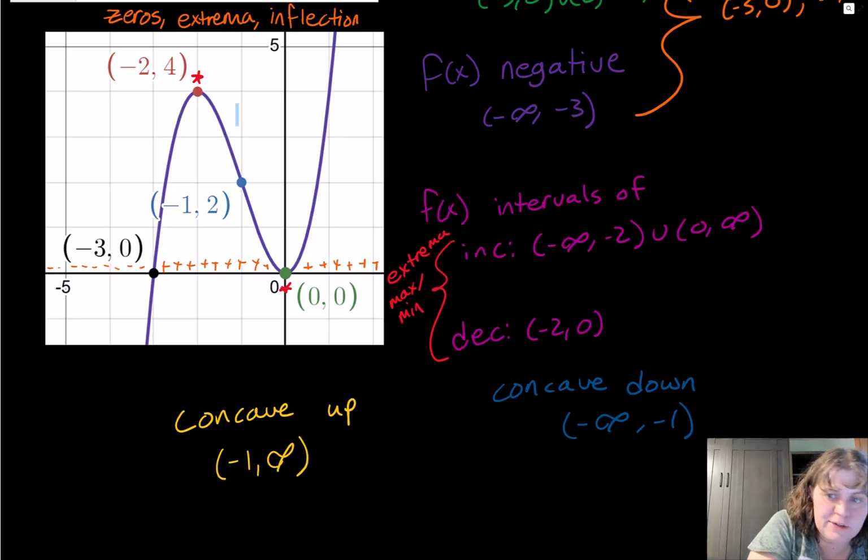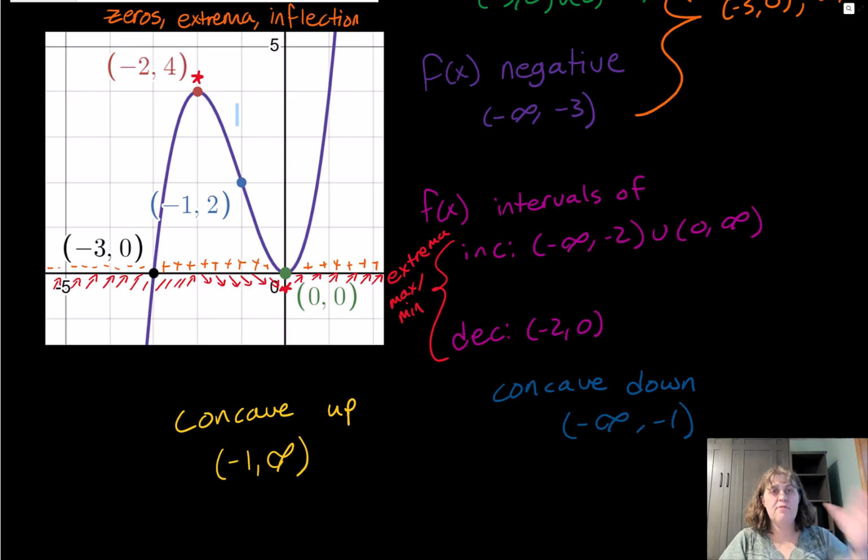Right through here, my function is increasing, going up, up, up, until here. And now I'm switching to decreasing until I get to this extrema, and then I switch back over to increasing. So I can have negative values that are increasing, and I can have positive values that are decreasing.